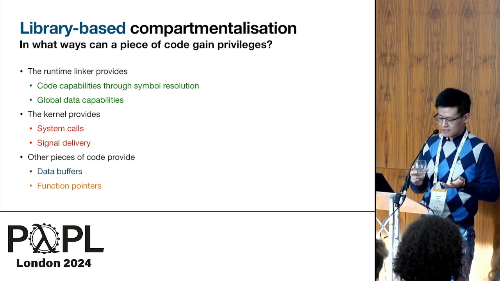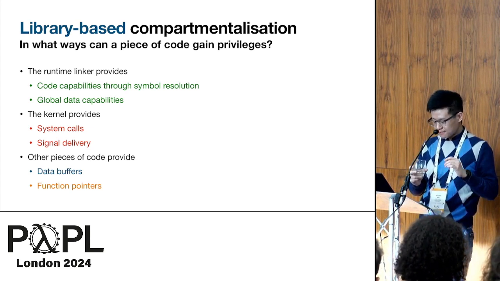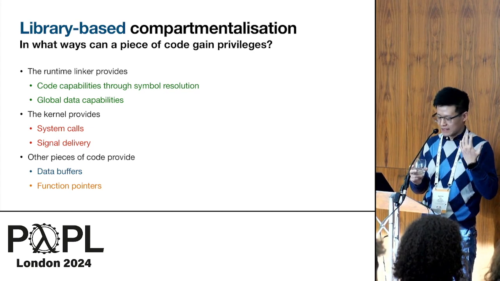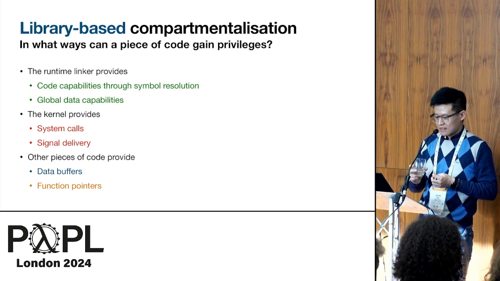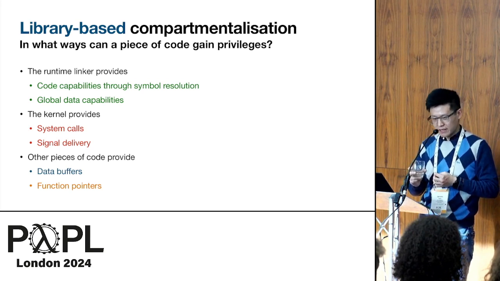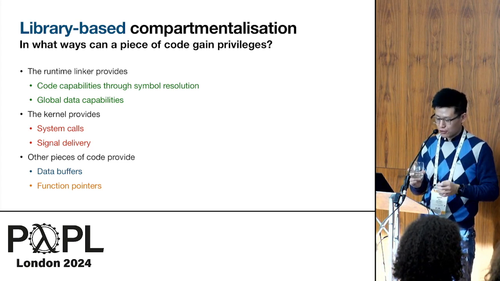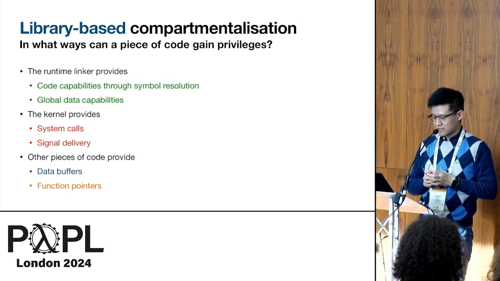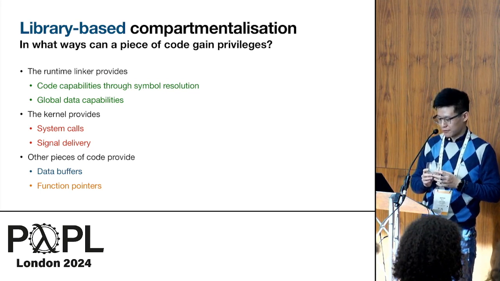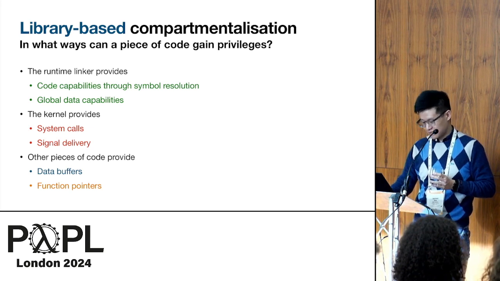It will put code capabilities into the GOT of the library, and there will also be data capabilities for global variables in the GOT. The code can also gain privileges by making system calls, or the system will call a signal handler to give you some information. Of course, there are other pieces of code interacting with your library that will provide you with data buffers or function pointers, and these are also a source of capabilities.